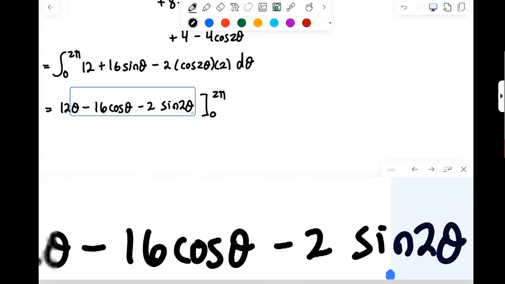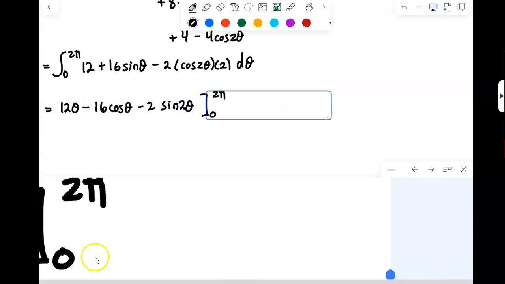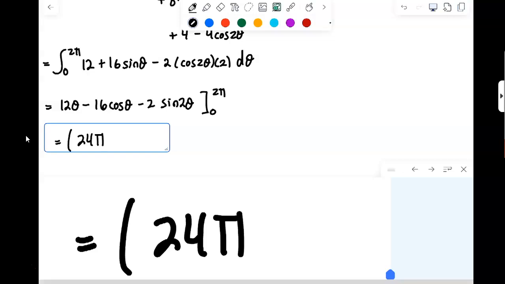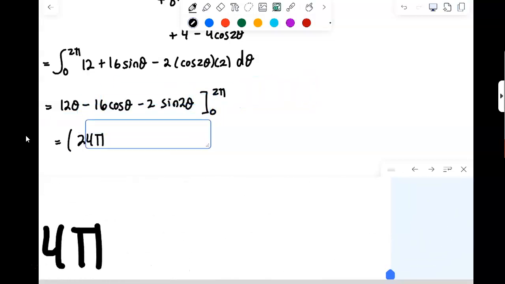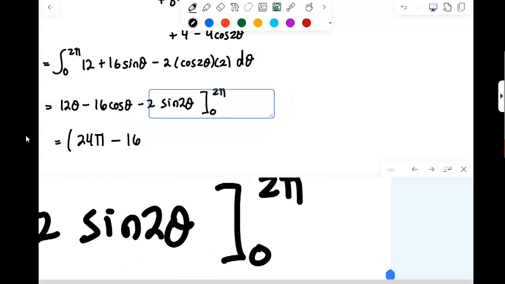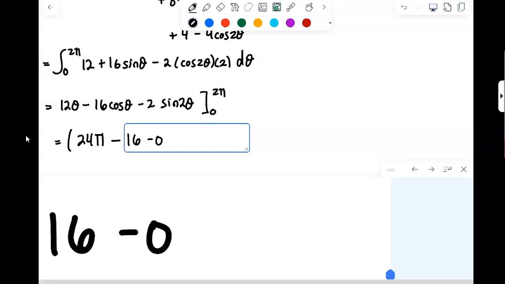Okay, so first we plug in 2 pi, it's going to be 12 times 2 pi will be 24 pi. Plug 2 pi in for cosine, that's going to be minus 16. And plug 2 pi into sine, twice 2 pi is 4 pi, which is still sine of that, still 0. We get all that stuff.